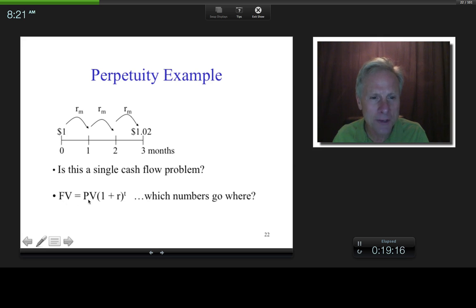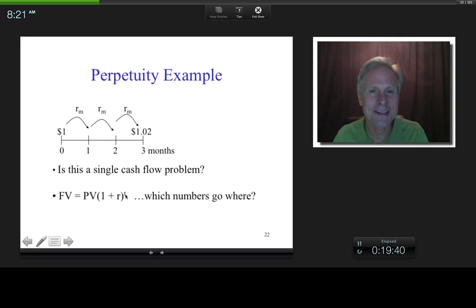Using the only single cash flow formula that exists, what would be the future value? Well, that's the later value, the $1.02. What would be the present value? Well, that's the $1, the earlier value. What would be the R? Well, that's what we're trying to figure out, the effective monthly rate.